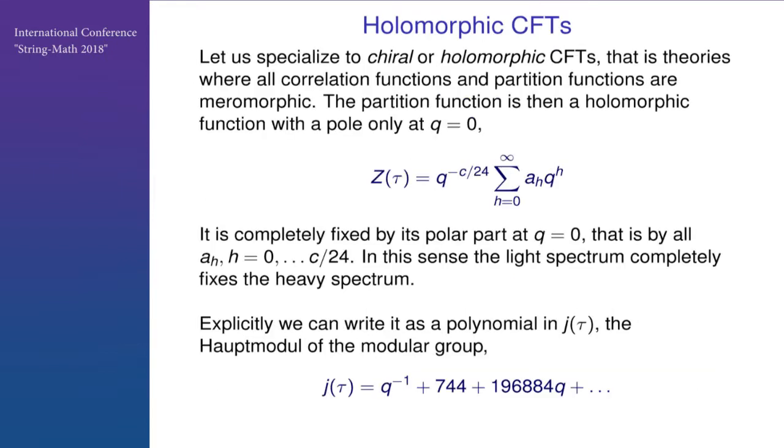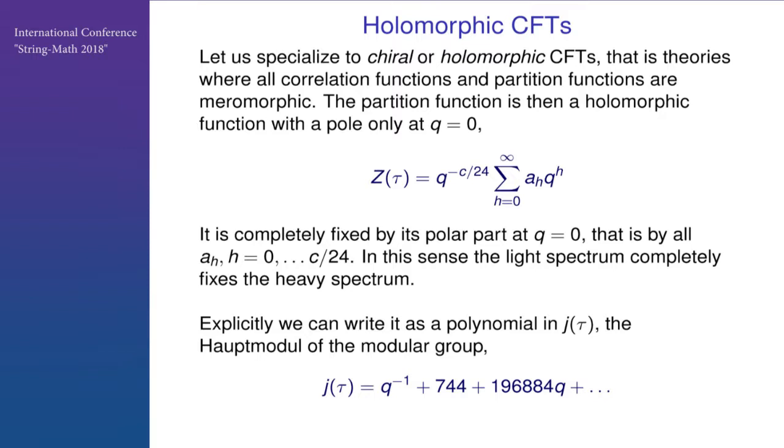So one case where this slogan is actually precise, and this is also the case that I will mostly talk about, are so-called holomorphic or chiral conformal field theories. These are conformal field theories where essentially the left movers and the right movers factorize, so the holomorphic and the anti-holomorphic part factorize.